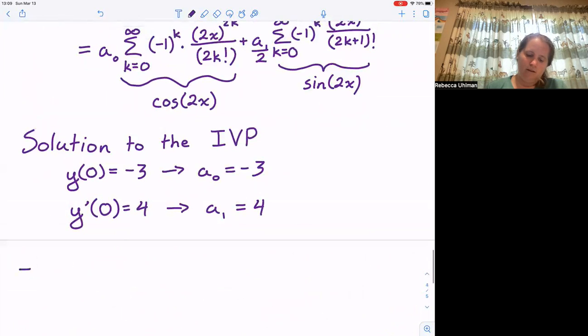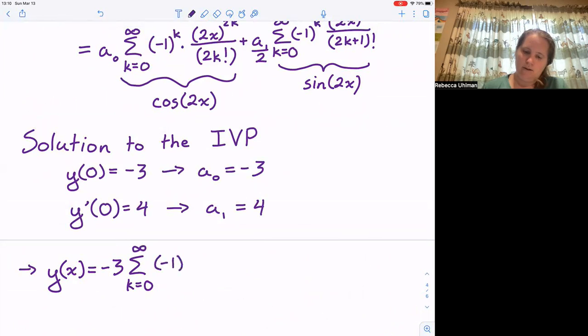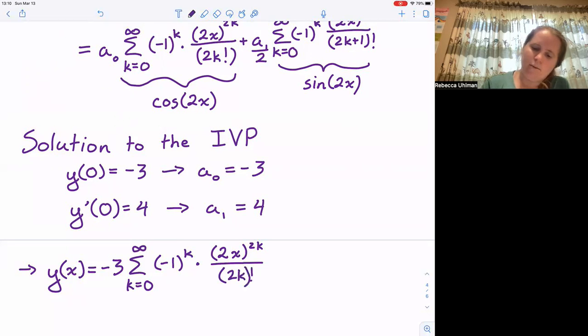And we therefore get that y of x is simply -3 times the sum from k equals 0 to infinity of -1 to the k times 2x to the 2k over 2k factorial. I apologize, my parentheses got off in that previous one. The factorial applies to the entire 2k.